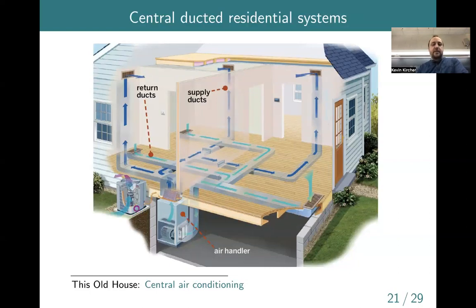Unitary, I think, just means they're packaged chunks of plastic and metal that you can buy as a unit. There's an indoor unit and an outdoor unit. That's where I think unitary comes from. The idea here is that you have the compressor and one heat exchanger outside, and the other heat exchanger inside with a fan, also called a blower for some reason. HVAC vocabulary, I don't know.